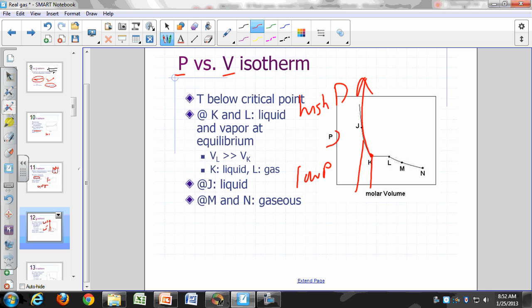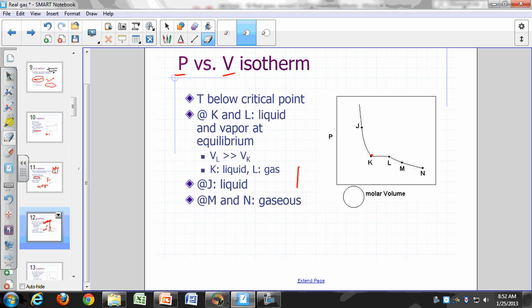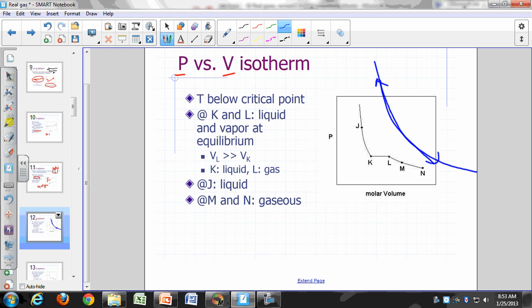Okay, so this is what you'll see. And if you were to compare this with an ideal isotherm, an ideal isotherm would behave something like maybe like that. Remember, isotherm looks like that. So this you can see right here.